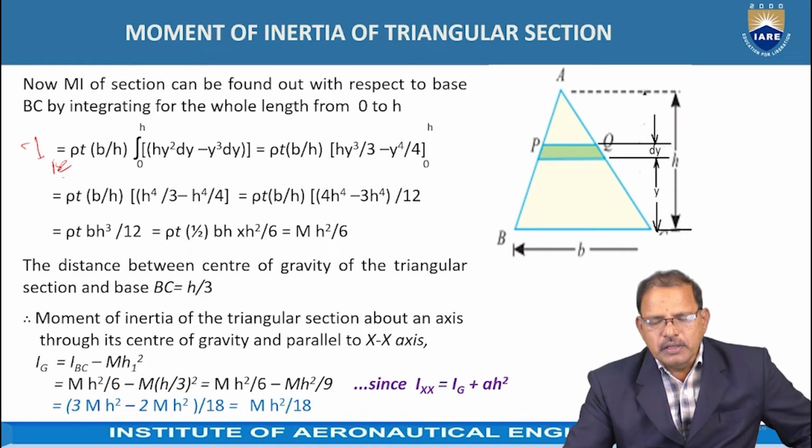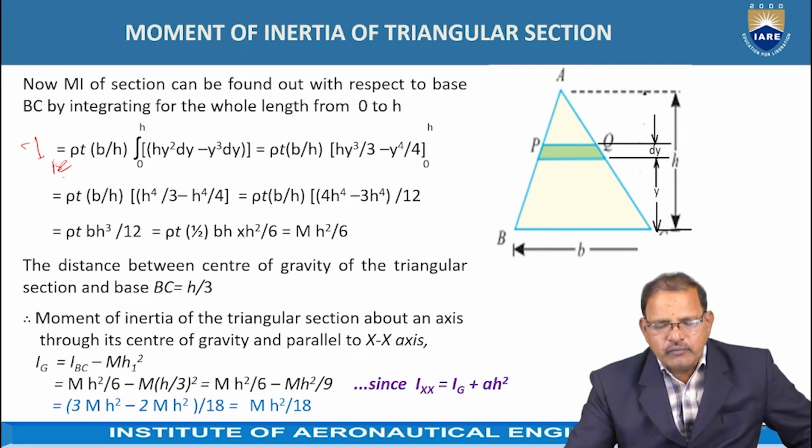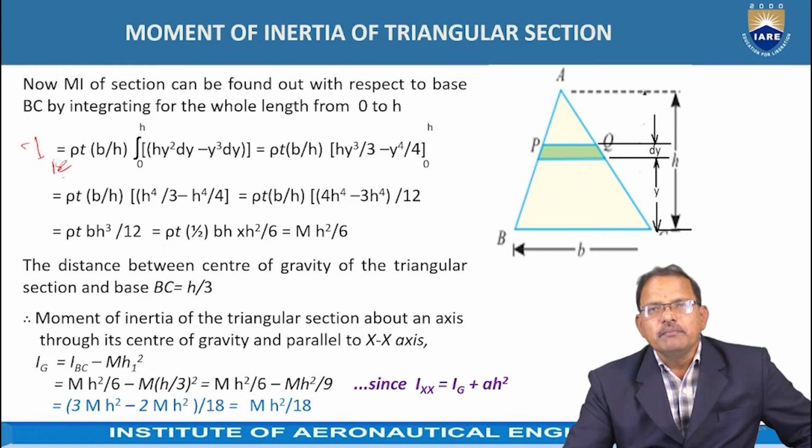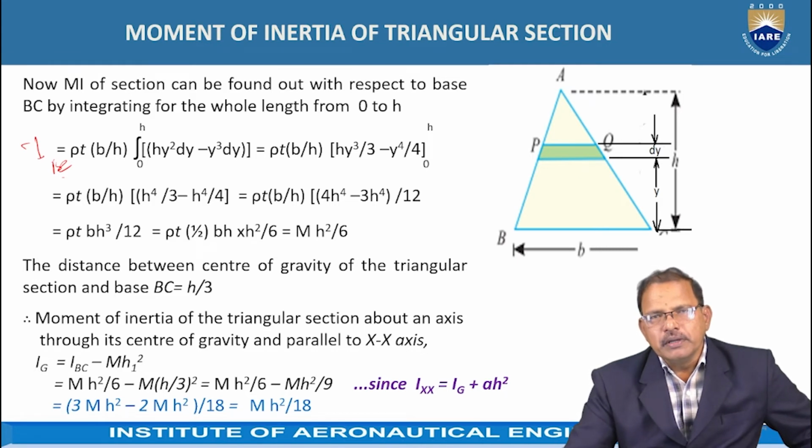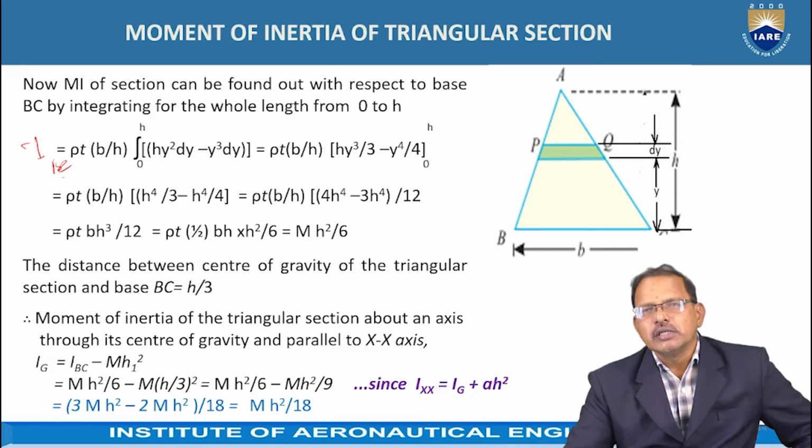So, rho T into B by H, the integration of H y square dy is H y cube by 3, minus the integration of y cube dy, which is y to the power of 4 divided by 4. Again, rho T B by H, and substituting the limits 0 and H. When you substitute 0, everything becomes 0.